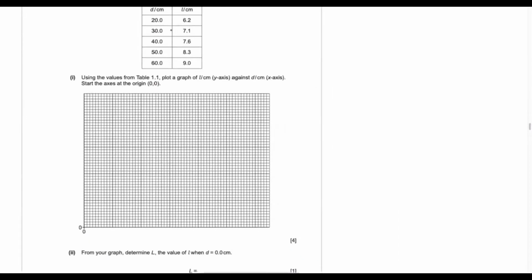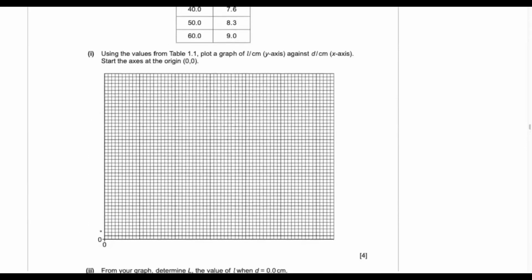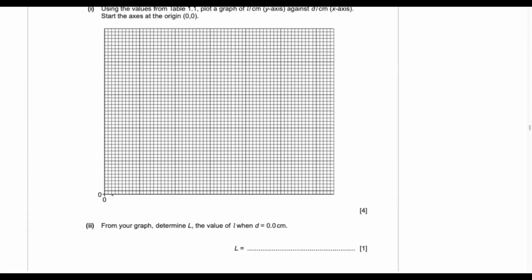Okay, now let's put the scale first. So the x-axis is D. D is simple, 20 to 60. So we just do 10 by 10 then. 1, 2, 3, 4, 5, 6, 7, 8, 9, 10.